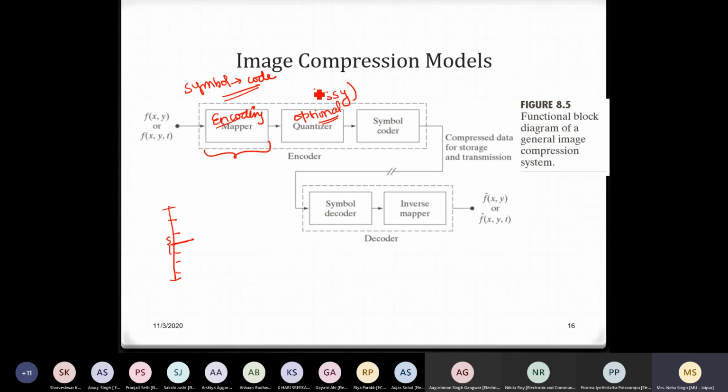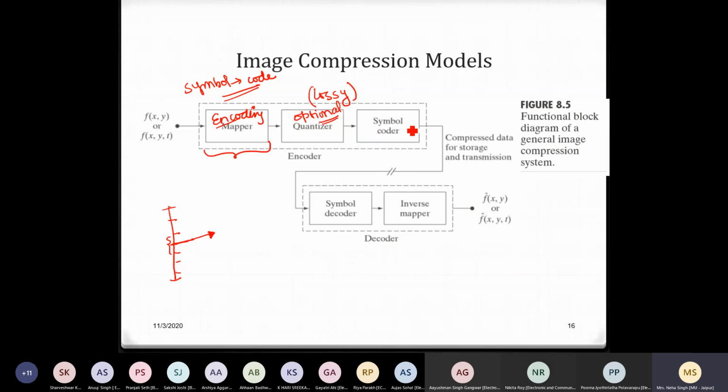So whenever a quantizer is used, we say that the compression method is lossy, because within this range I know the value being given out is this, but once I receive this value I do not know what is the exact value, so I will not be able to reconstruct the original image. So whenever I use a quantizer, I will always result in some lossy compression, right?